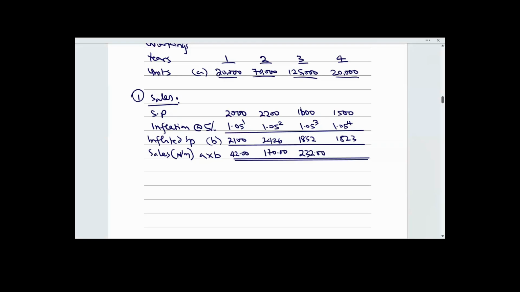Or 230, because we said we want to round our numbers to 2 decimal places. So in that case, let's redo that: that's 231.50.